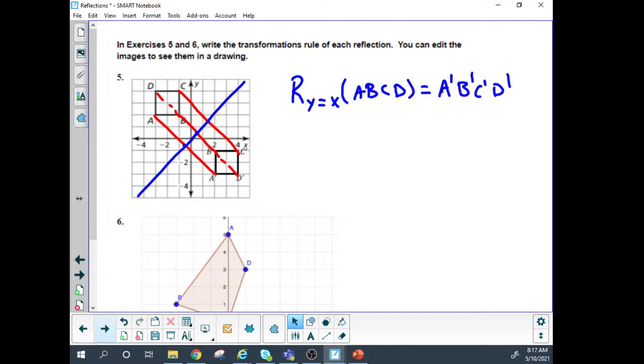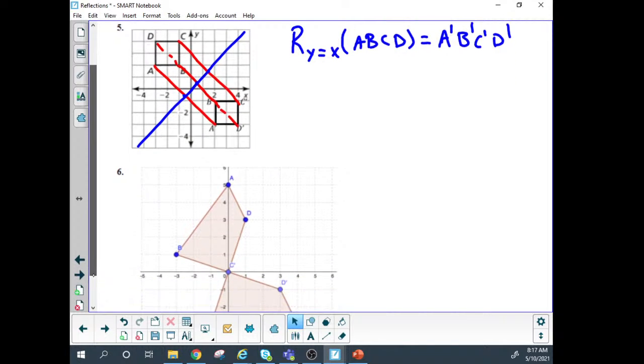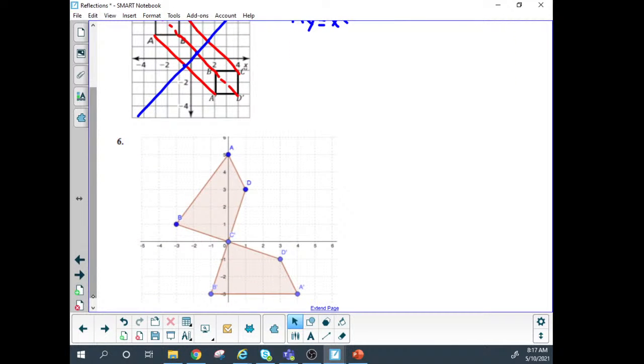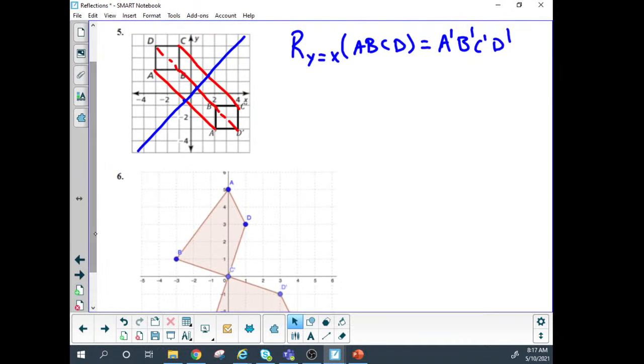Ooh, the coordinate rule on that next one is real tricky. Don't necessarily worry about it. How's your table doing?